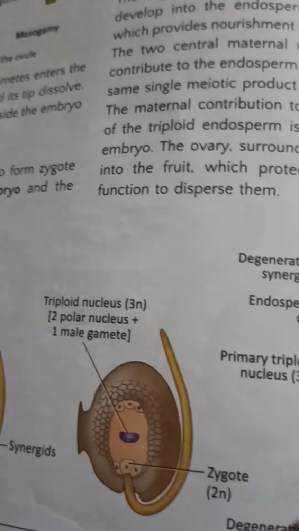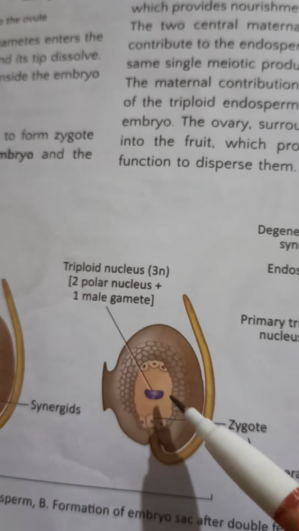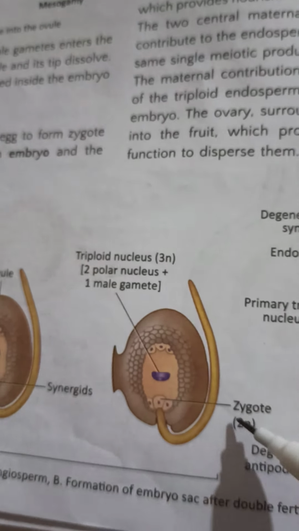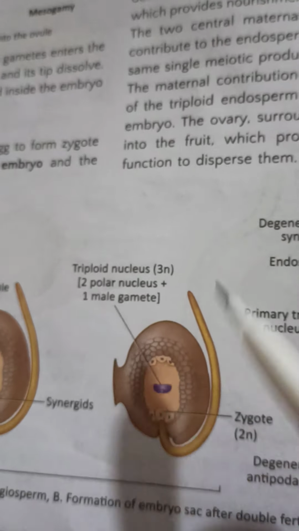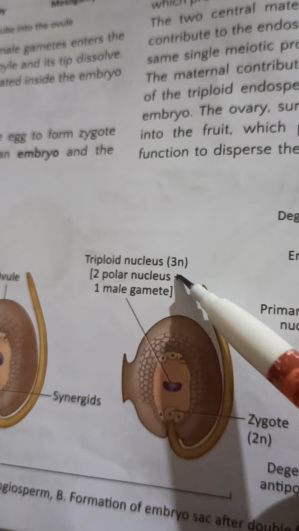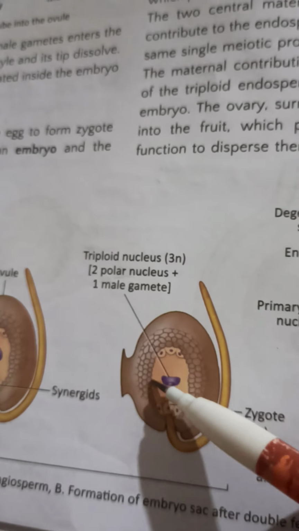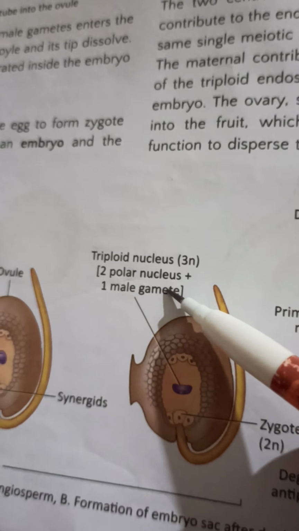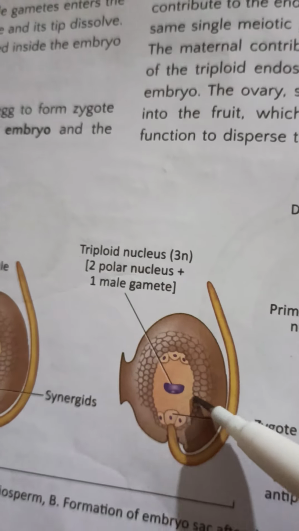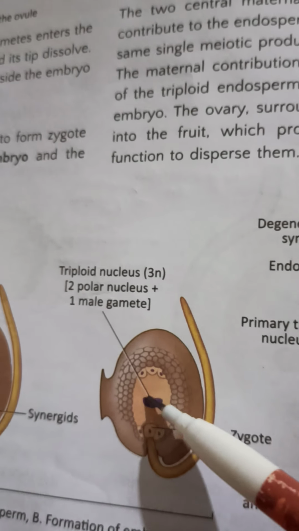By fusing one male gamete, the diploid zygote is formed, and a triploid nucleus is formed in the centrally located region, because there are two polar nuclei, 2 plus 1 male gamete nucleus, ultimately a triploid nucleus is formed.